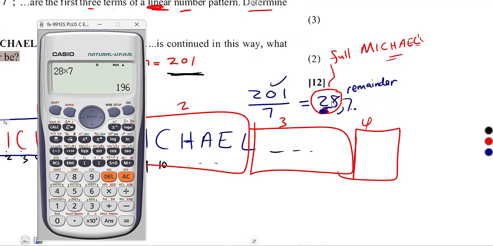So from 28 full Michaels in terms of the name, there are 196 letters. Out of those, we are saying they are supposed to be 201. So we subtract 201 minus 196, which gave us the 5 that we are seeing.